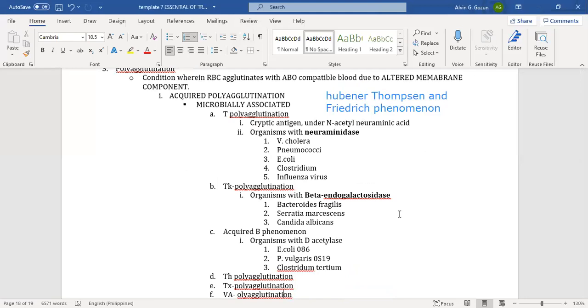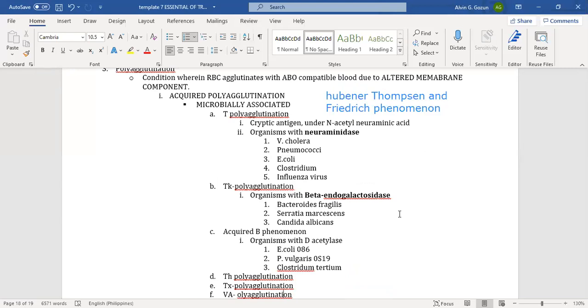This is due to cryptic antigen under N-acetylneuraminic acid. And yung mga organisms kasi na may neuraminidase, kaya nagkakaroon ng T-polyagglutination are Vibrio cholerae, pneumococci, Staphylococcus, Escherichia coli, Clostridium, and your influenza virus.